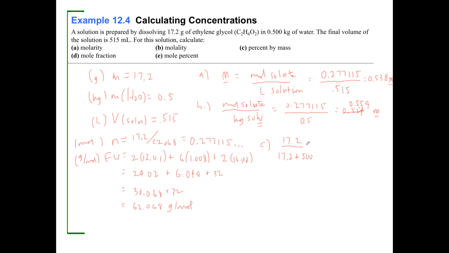These are in grams and grams, so they wash out, but we have to multiply by 100%. That's 17.2 divided by 17.2 plus 500, times 100, which comes out to 3.325599, or 3.33%.